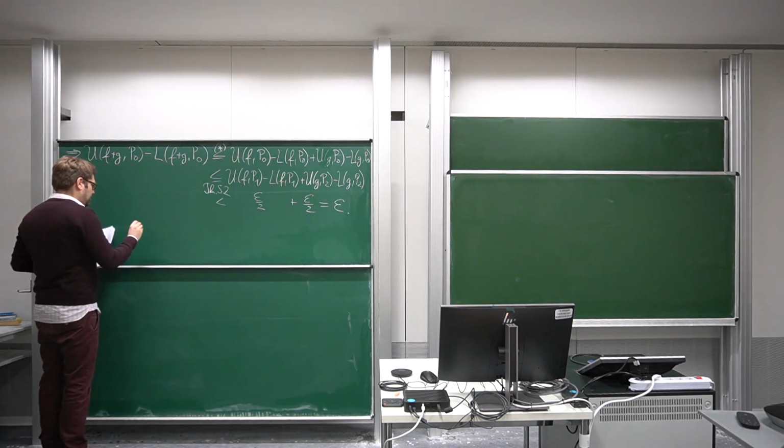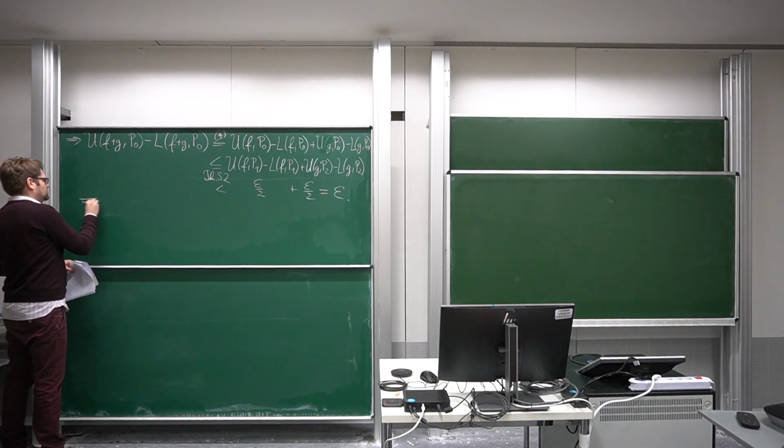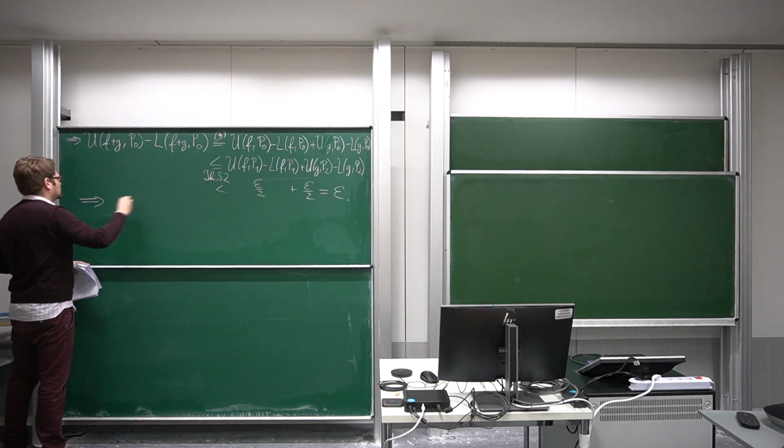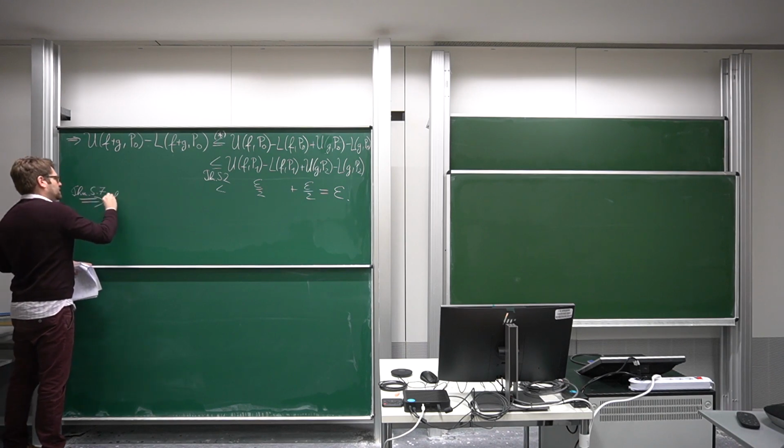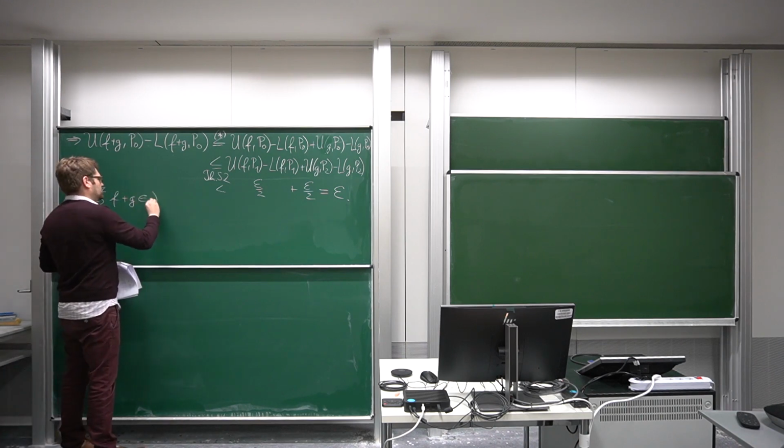Epsilon was an arbitrary number, and so we get by this criterion for integrability that we can always find a partition with this property. So by theorem 5.7, f plus g is Riemann-integrable.